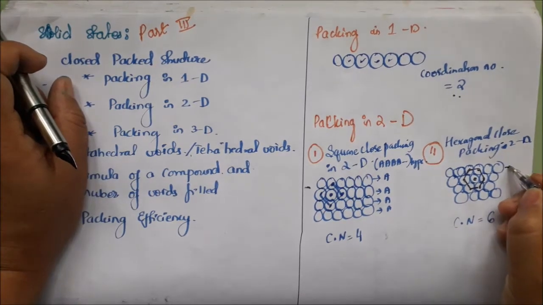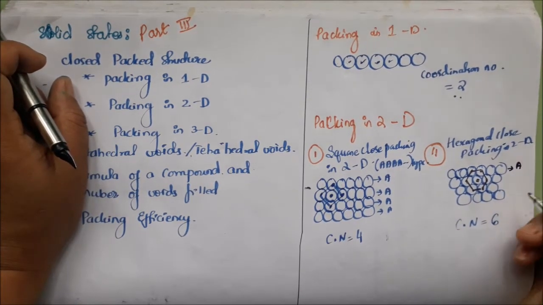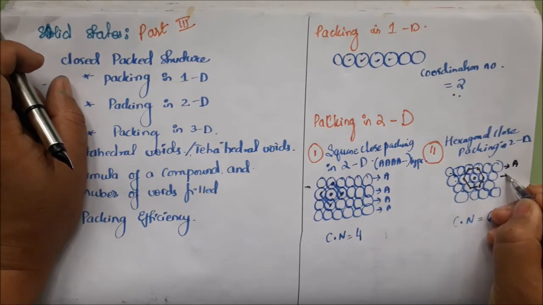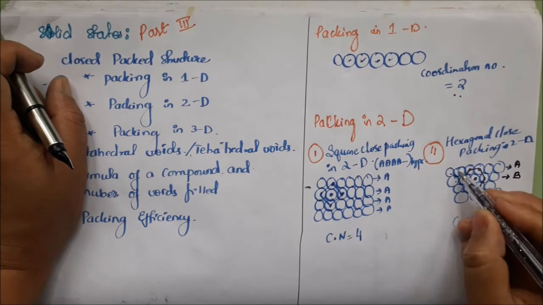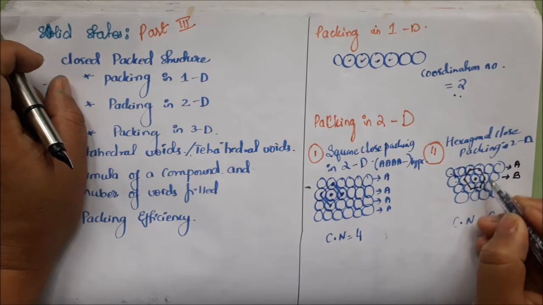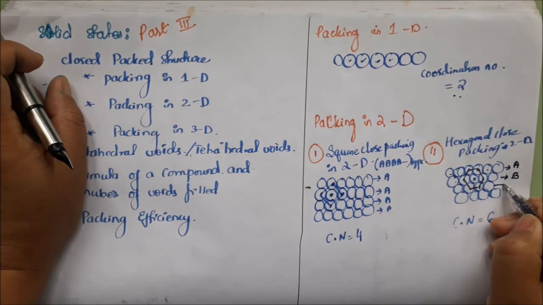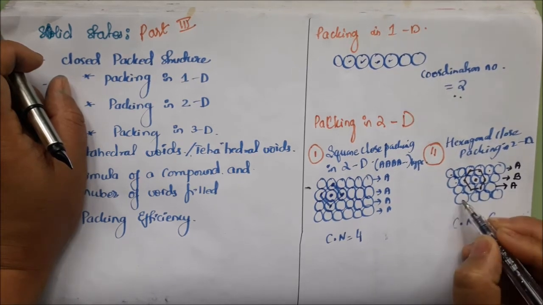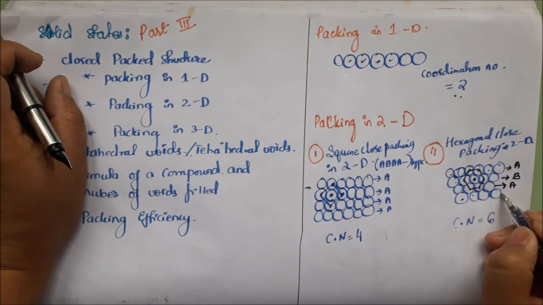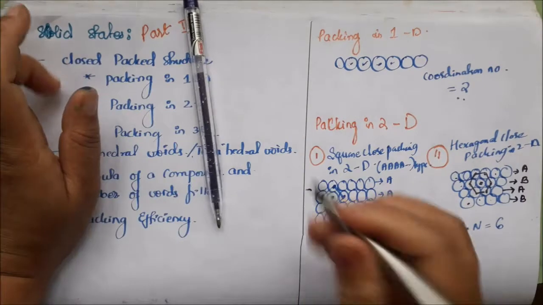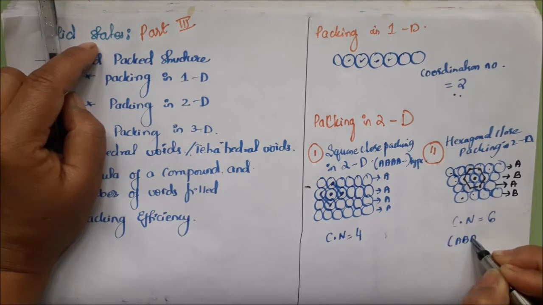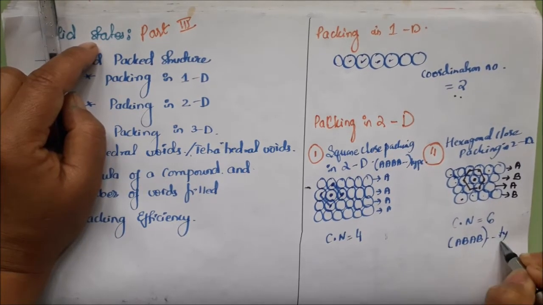Let us assume this as layer A. Is the alignment of the first and second layers the same? No. So let the second be denoted by B. The alignment of the third row is similar to that of the first, so this is again A, and the fourth row is exactly the same as the second, so this is B. So hexagonal close packing in two dimensions is said to have AB type arrangement.